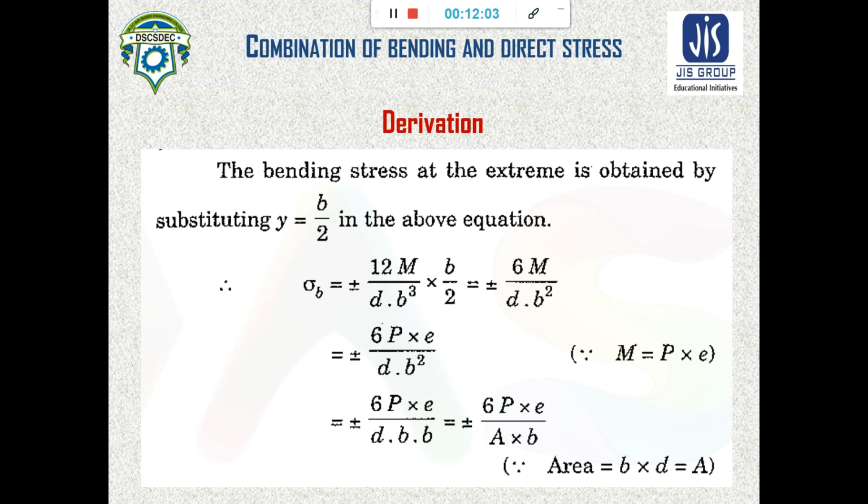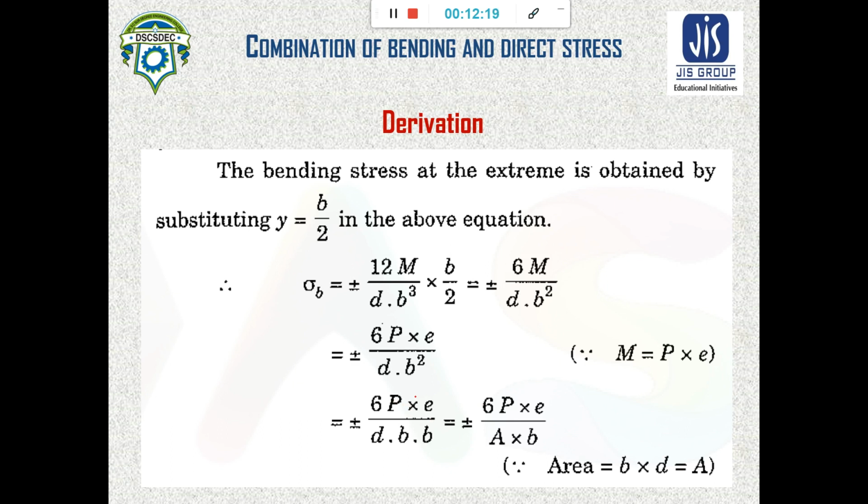Now if we put the value of M, that is P into e, the value will be 6Pe by d b square.